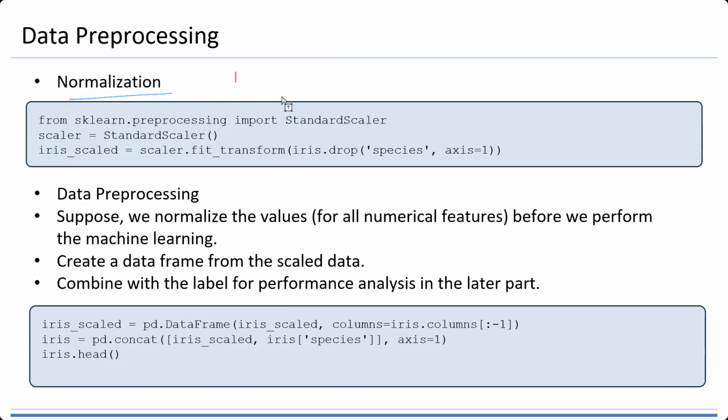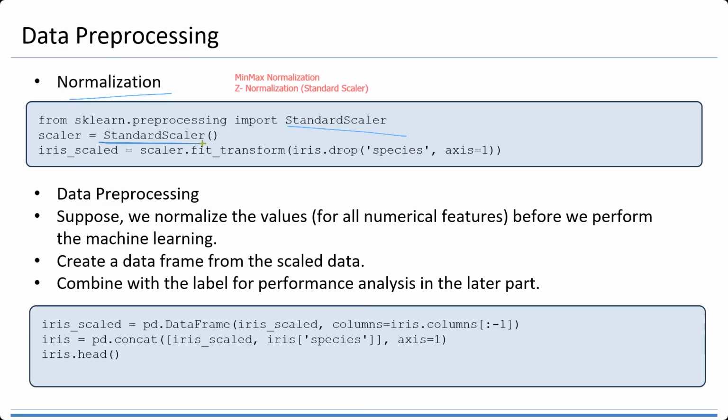There are two kinds of normalization. We have min-max normalization, and we have the Z normalization, or sometimes we call it the standard scaler. So the standard scaler means we want to check based on the mean and the standard deviation. I'm going to use the standard scaler for this example.